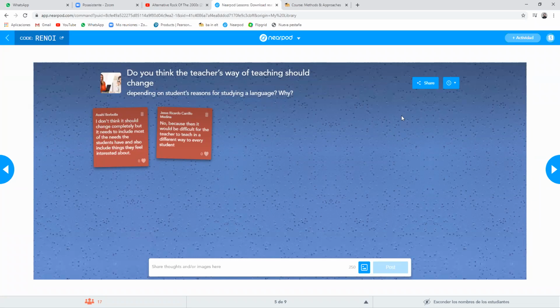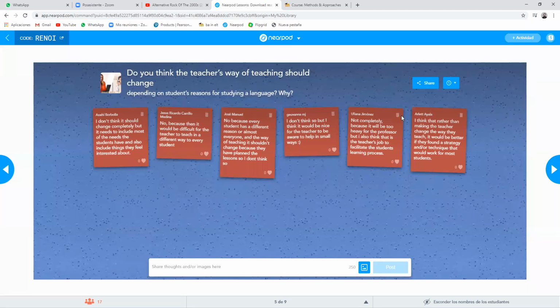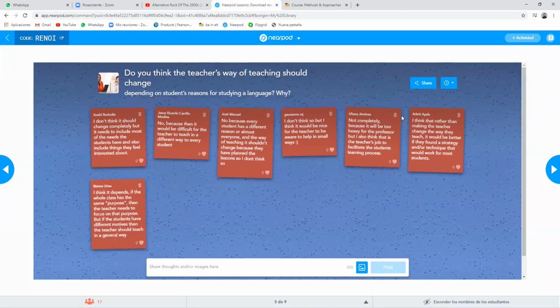Okay, I have 2. Every student has a different reason. I don't think so, but I think it would be nice for the teacher to be aware. Not completely, but the teacher's job is to facilitate the students' learning progress. I think that rather than making the teacher change the way they teach.